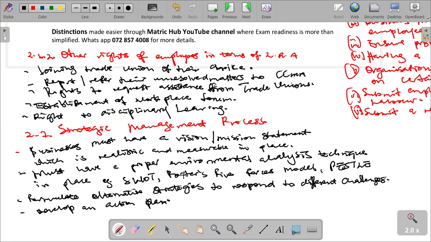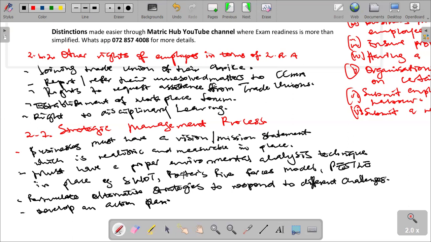We can as well have implementing selected strategies by communicating to all stakeholders as another strategic management process. Businesses must implement specific strategies by communicating to various stakeholders, organizing business resources and motivating staff.